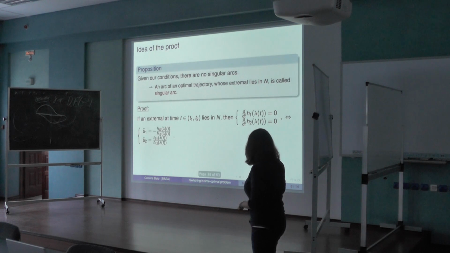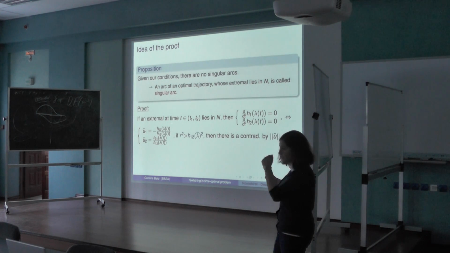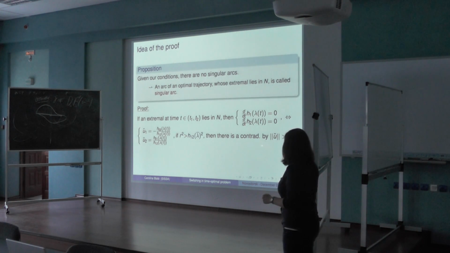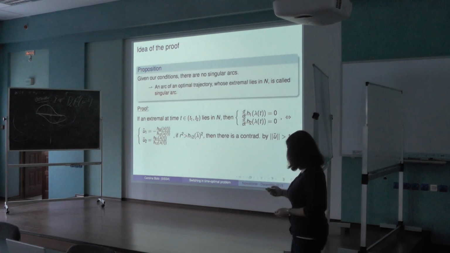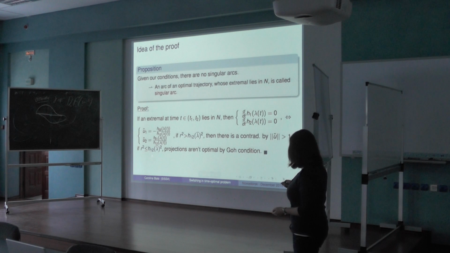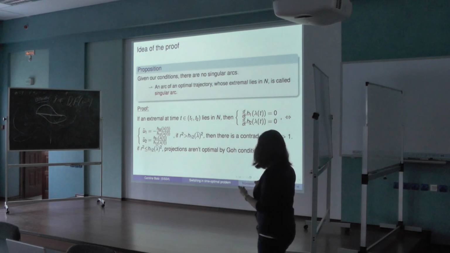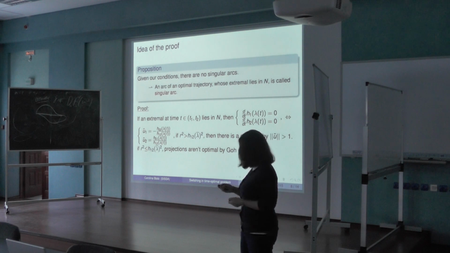And if h12 is different from 0, in the case where we had switching, so in the case where we have this strict inequality, we have a contradiction because we have a control that is out of our disk. And in the other case, there could be extremals on the singular locus, but they are not optimal by the Gauss condition.